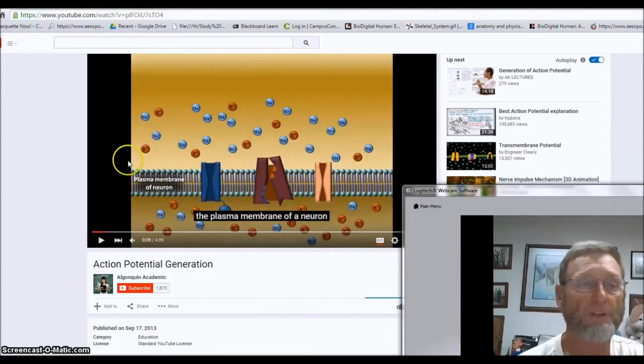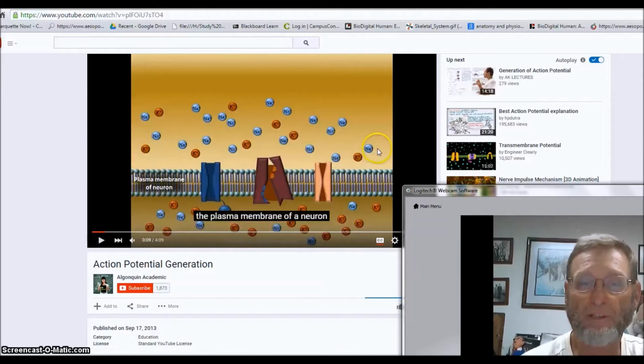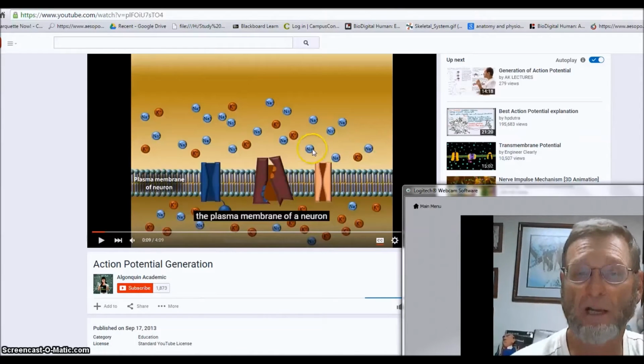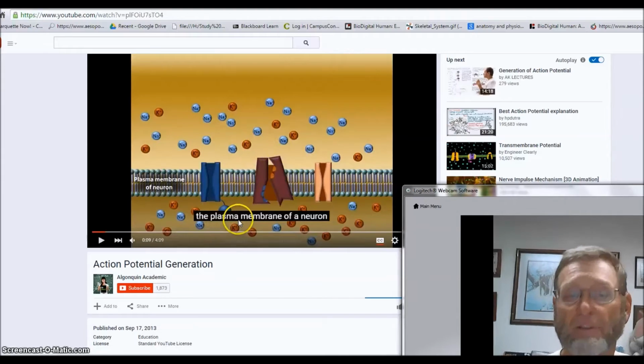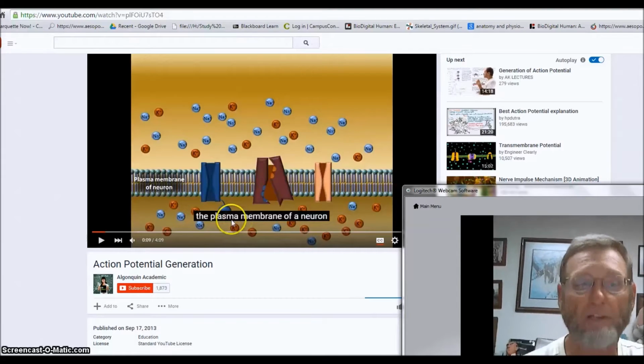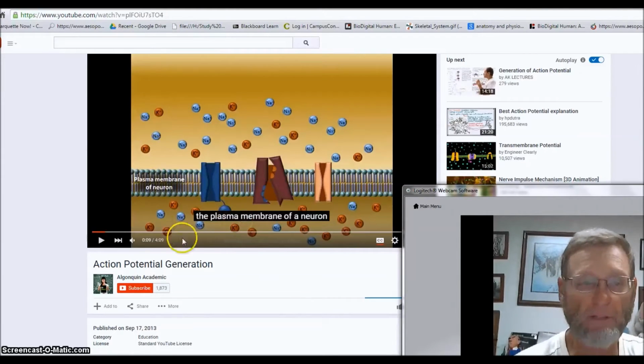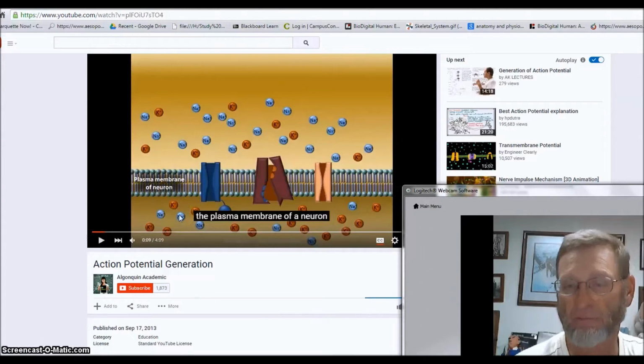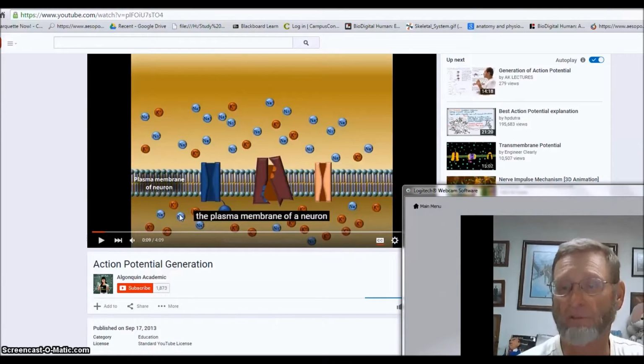The net result is there's more positively charged ions at higher concentrations outside of the cell than inside of the cell. Relatively, this is positive and this is positive, but this is more positive, therefore this is negative. It's not really negative, it's just less positive.